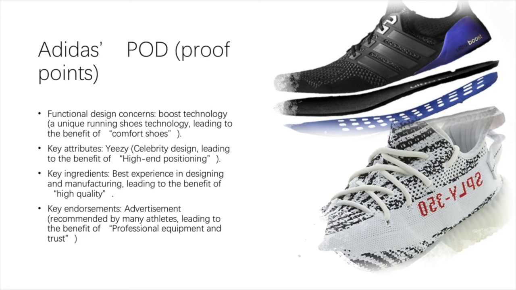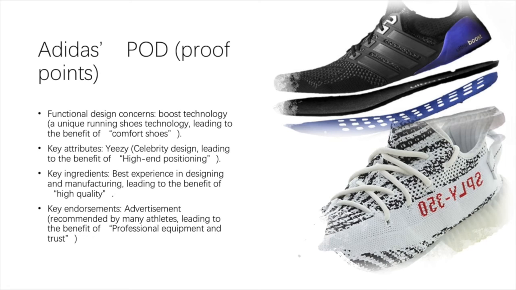The third is key ingredients. Adidas uses its basic experience in designing and manufacturing, leading to the benefits of high quality. The last is key endorsements. Adidas uses a celebrity advertisement strategy. Their products are recommended by many athletes, leading to the benefits of professionalism and trust.